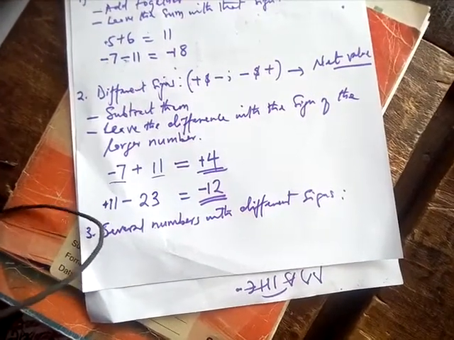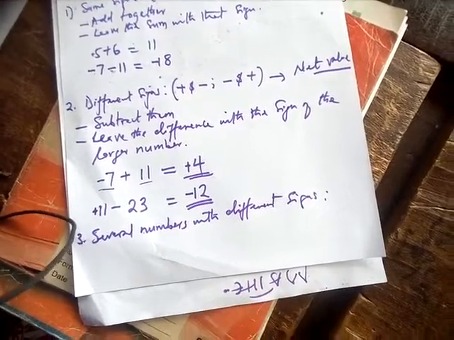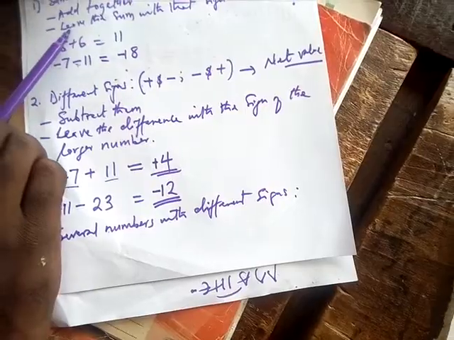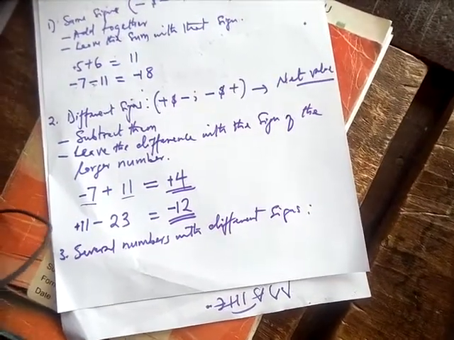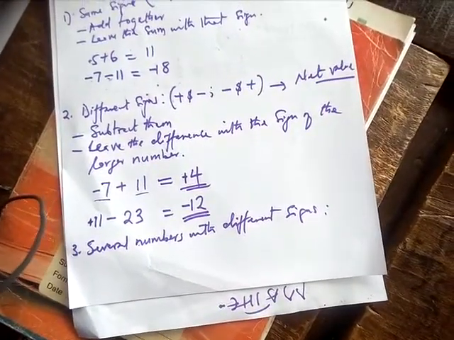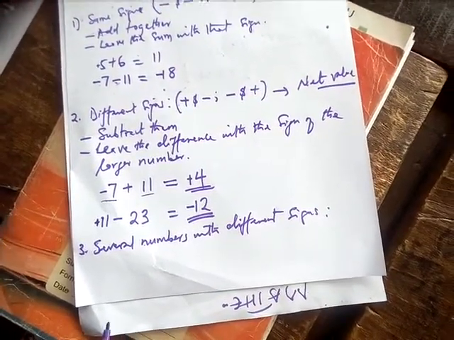All the ones that are positive, bring them together. All the ones that are negative, bring them together. Then apply the first rule. Since they have the same sign, add them together and give them that sign. Then the second rule, you will see that they have different signs now. Subtract them and give the answer the sign of the larger number.